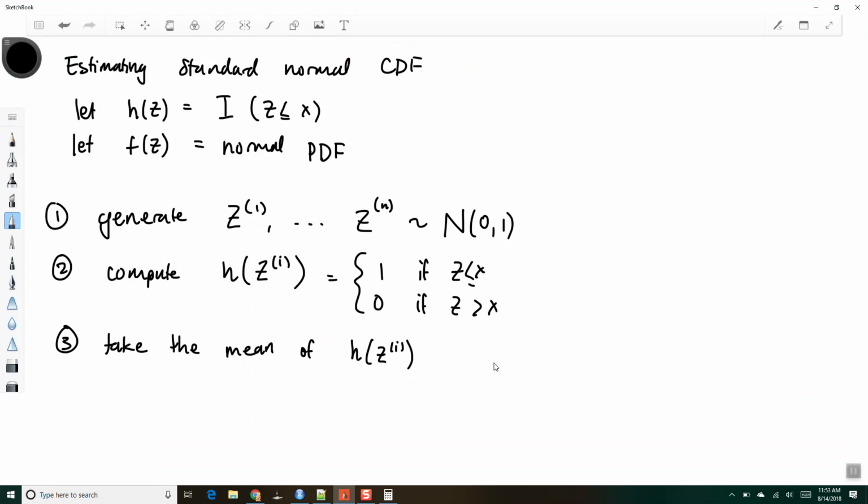We assign values of 1 if it's less than 1.5, zeros for everything else, and then we take the mean to get the proportion. Okay, so this is an application of Monte Carlo estimation, Monte Carlo integration, and we'll end here for now, and we'll see you guys on Thursday.